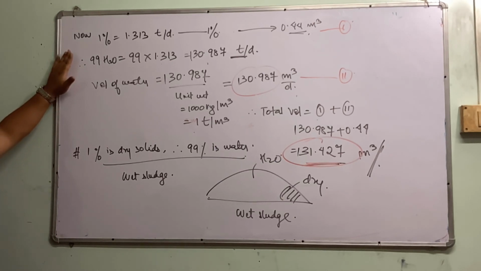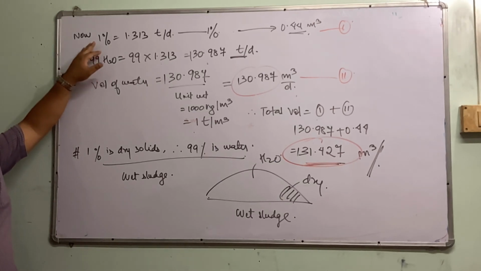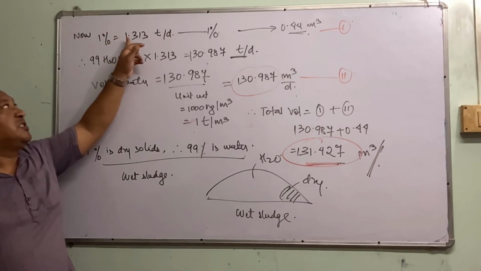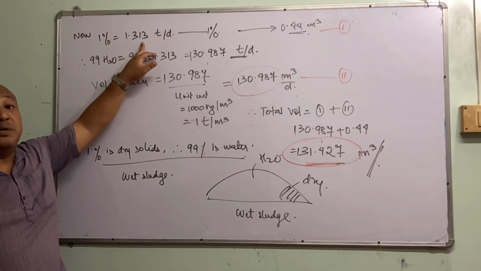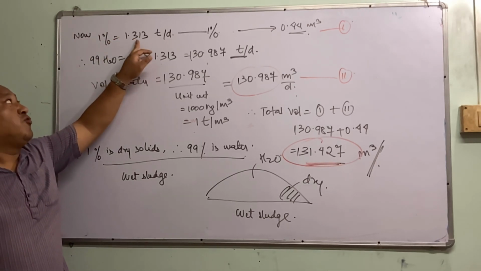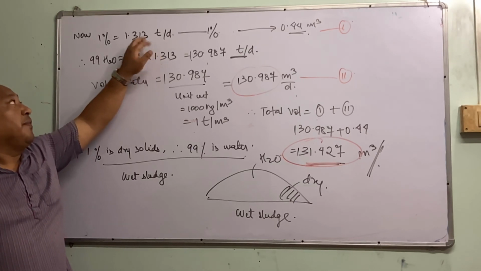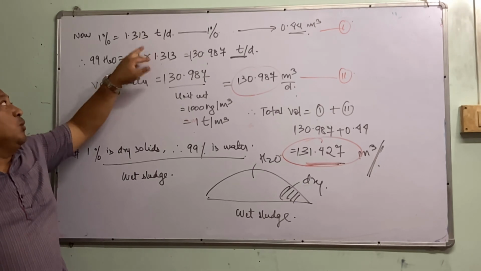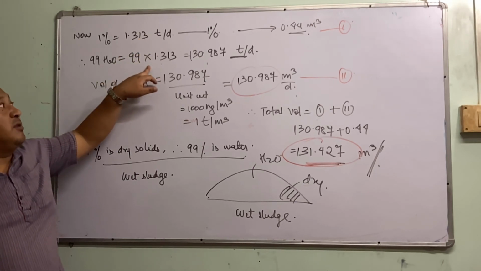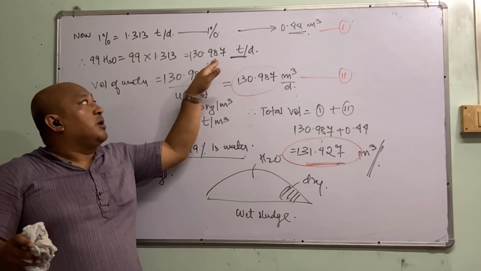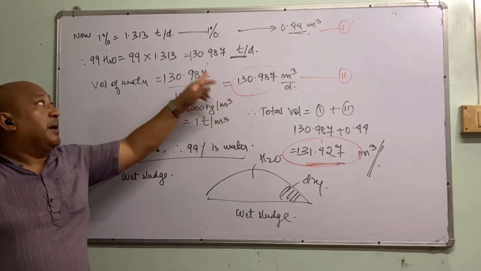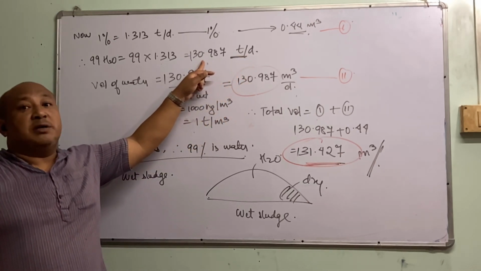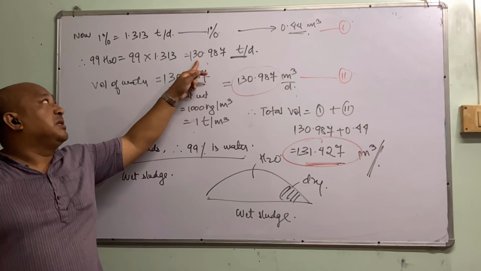The sludge contains 1% solid. So 1% solid means we have already estimated 1.313 tons per day. Every day 1.313 tons is produced. Therefore, the 99% that is the water side will be 1.313 into 99, that is 130.987 tons per day. But the volume will be different because the specific gravity of the water and the dry sludge are different.